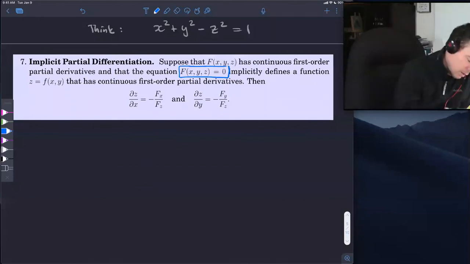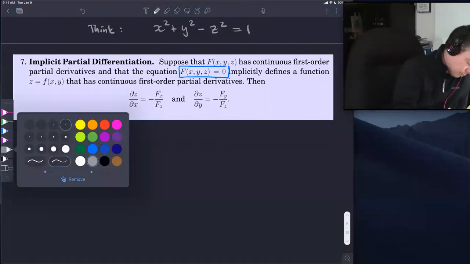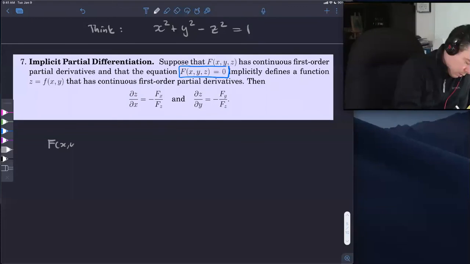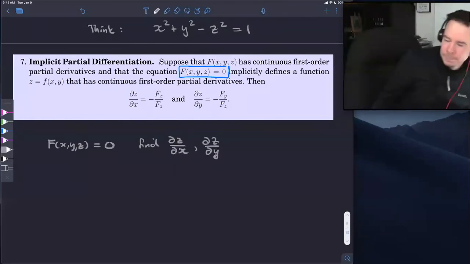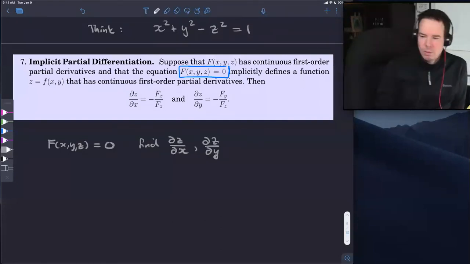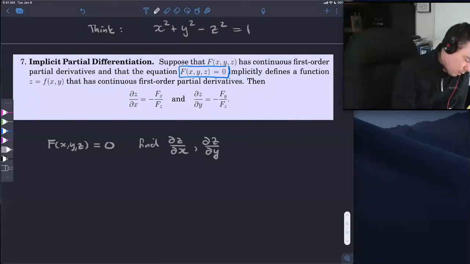And so I can do things like, okay, what is our derivative in this case? So I'm going to start with f of x, y, z equals 0. And I want to find the derivatives with respect to x and y. So what's the derivative of z with respect to x? What's the derivative of z with respect to y? Well, the way we do that is we just differentiate through.